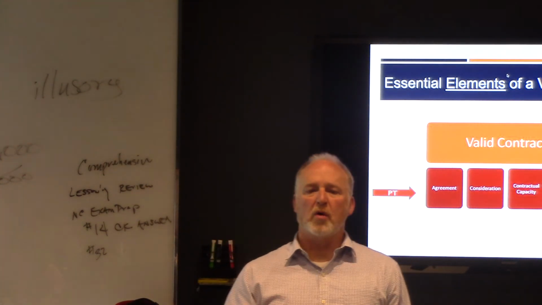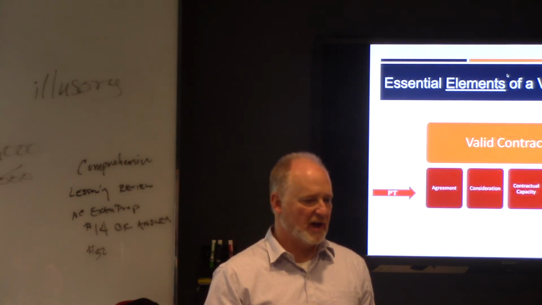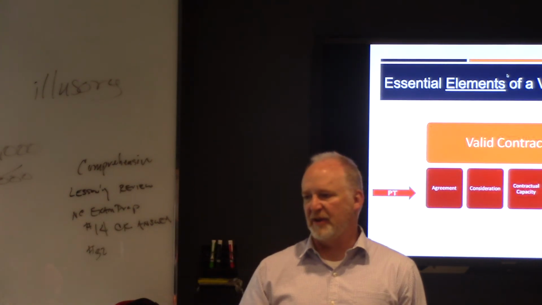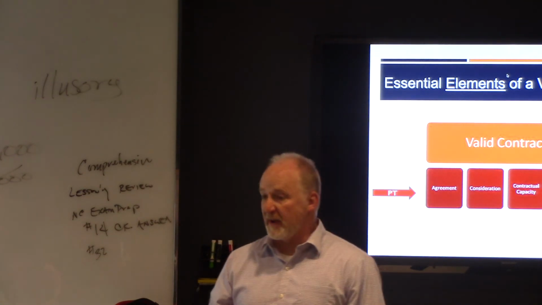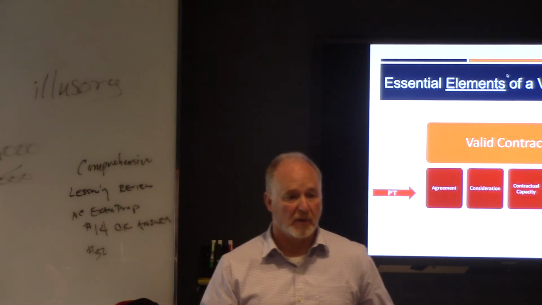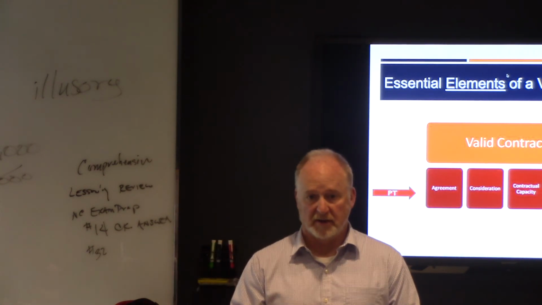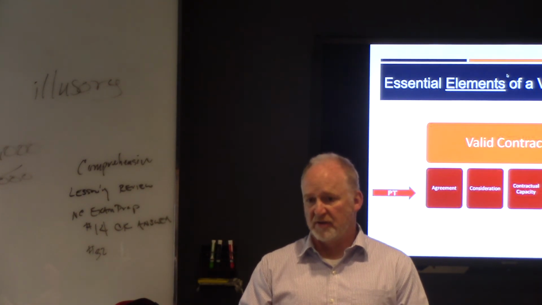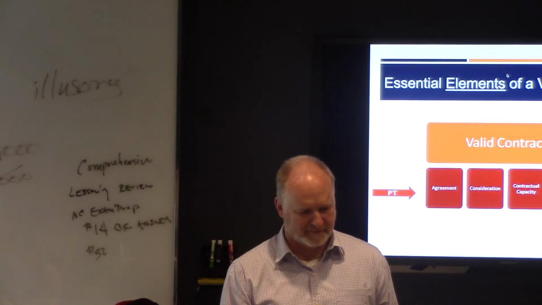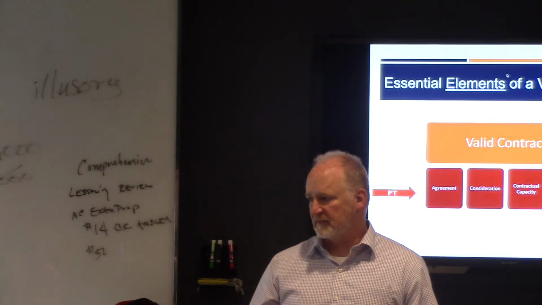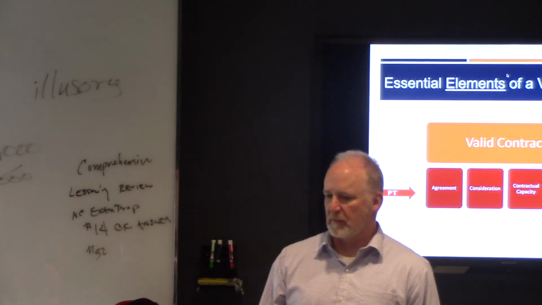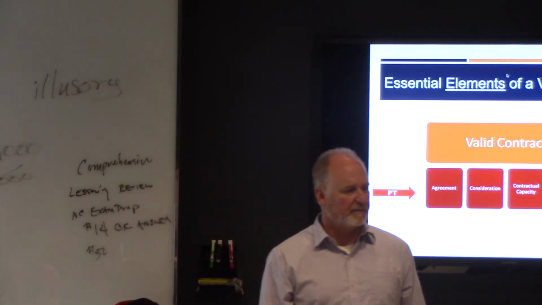I'm going to give you the world's worst definition of consideration, and you're going to write it down anyway. Here's my definition of consideration. Something in exchange for something. That was unfulfilling, wasn't it? That was unfulfilling. Something in exchange for something.